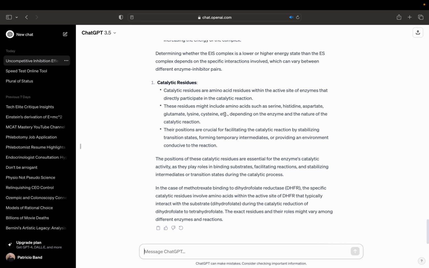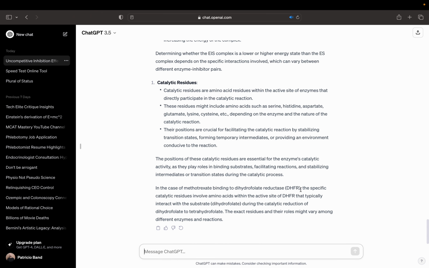Their positions are crucial for facilitating the catalytic reaction by stabilizing transition states, forming temporary intermediates, or providing an environment conducive to the reaction. The positions of these residues are essential for the enzyme's catalytic activity as they play roles in binding substrates, facilitating reactions, and stabilizing intermediates or transition states during the catalytic process.